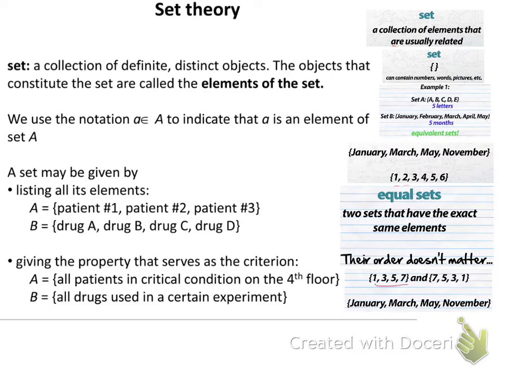Okay, but if we look at equivalent sets, if you remember, we said it only concerns the number of elements. If they have any 4 numbers, for example, the sets are equivalent because they have the same number of elements.